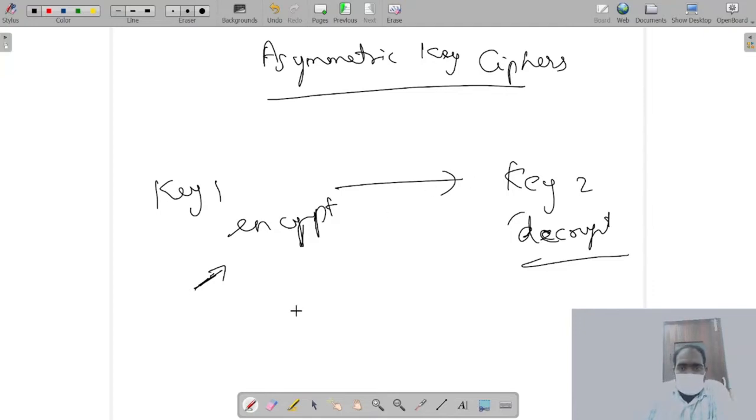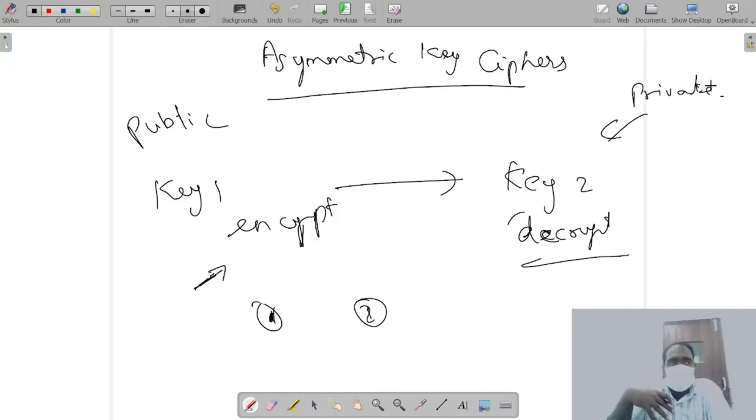Let's say I have a pair of keys, key 1 and key 2, and what I do is I say, everyone, whoever wants to send me a secure message, use this key to encrypt. And now anyone who wants to send me a message will encrypt it using this key, because anyone can obtain this key because this is public, and only I can decrypt it because this is private.